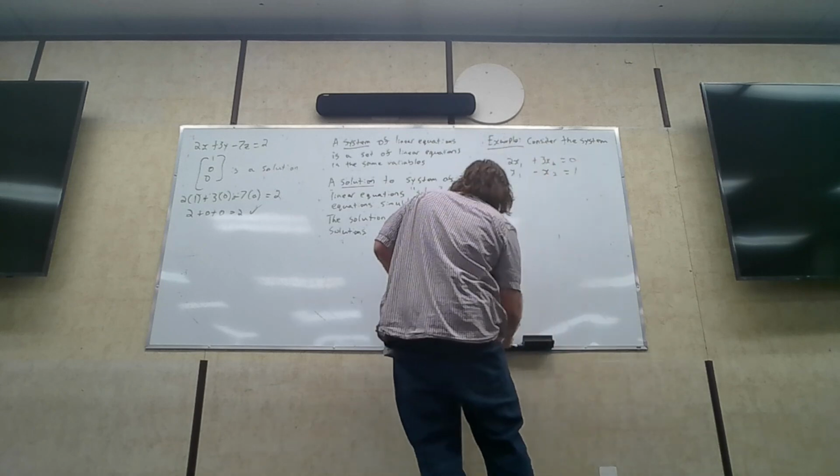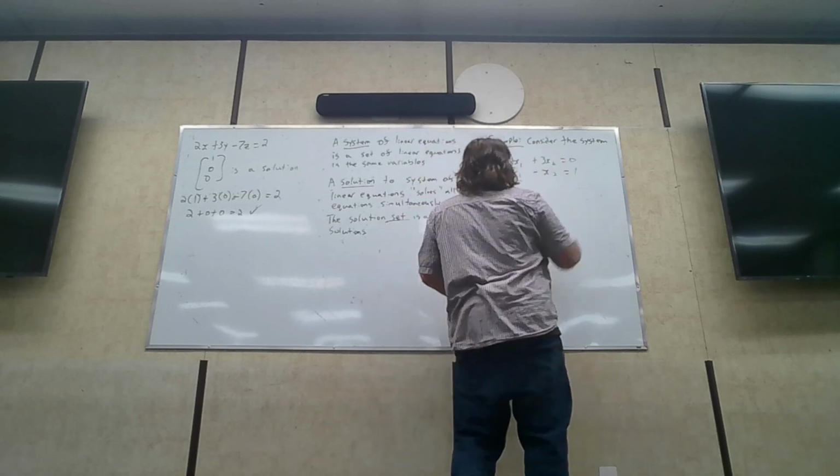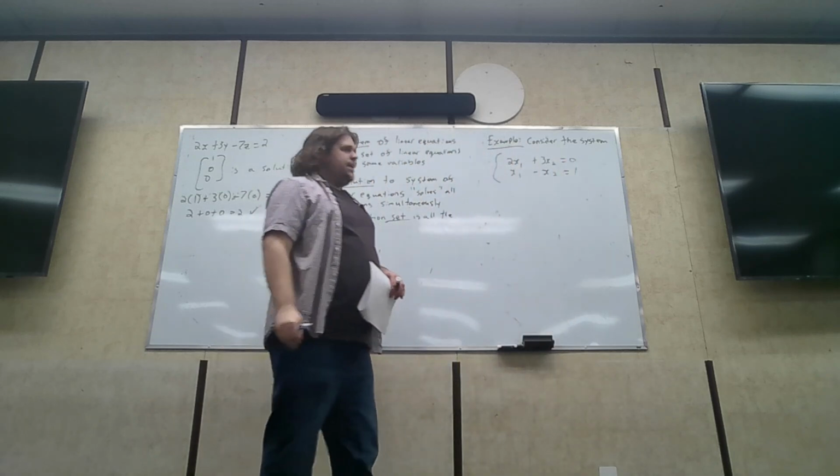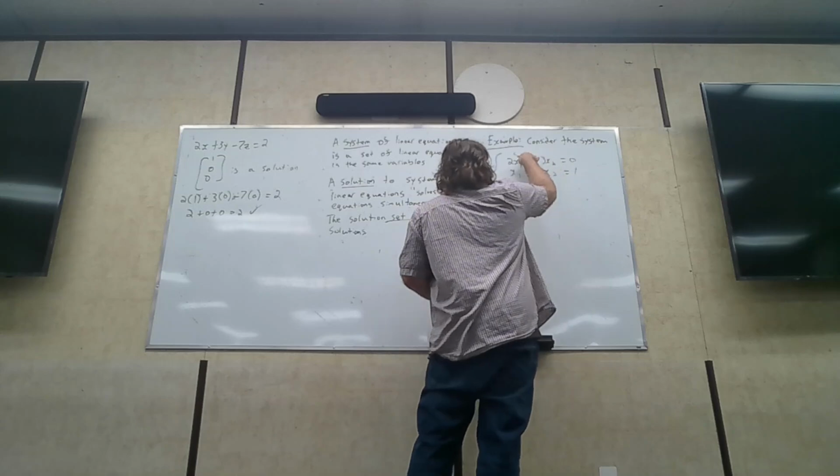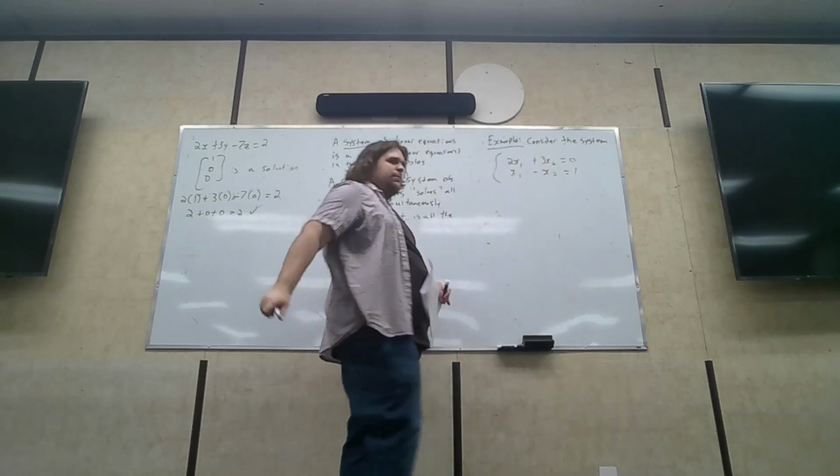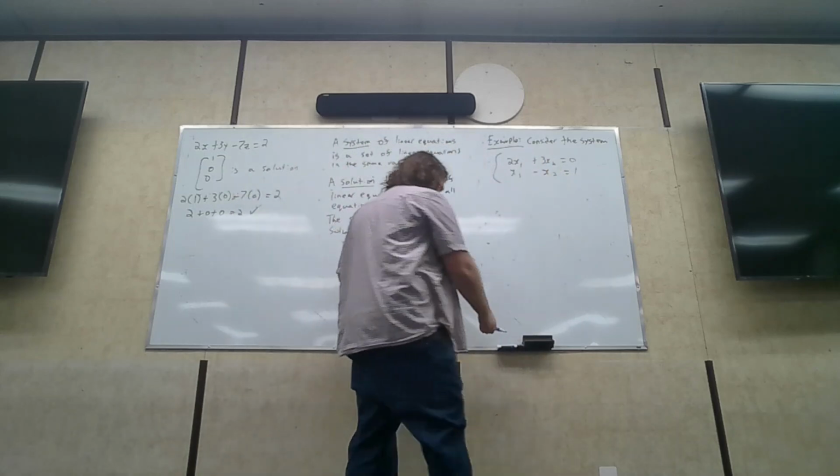So when we say system, we mean this whole thing taken together, right? If x1 and x2 are valid solutions to this first thing, we better be able to plug them into the second thing and get a solution also.